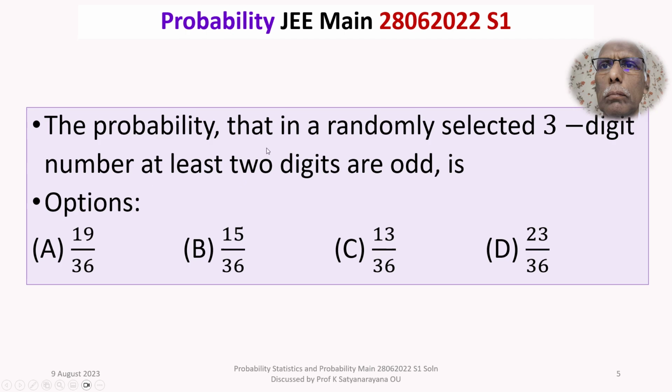Now we have to compute the probability that in a randomly selected 3-digit number that has at least 2 odd digits.